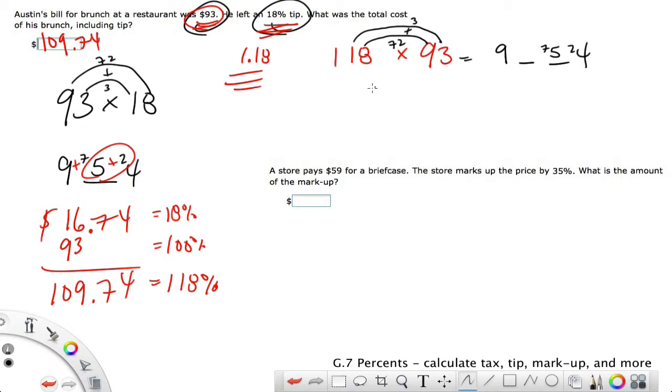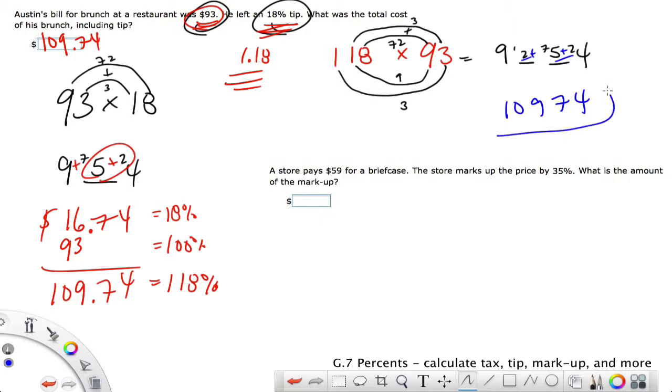And now we have to do the bottom rainbow. 9 times 1 is 9, 3 times 1 is 3, so we have 12. And so now we simply add our carries. So we have 4, 5 plus 2 is 7, 2 plus 7 is 9, and 9 plus 1 is 10.